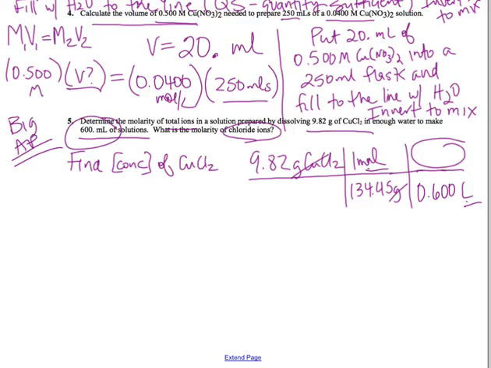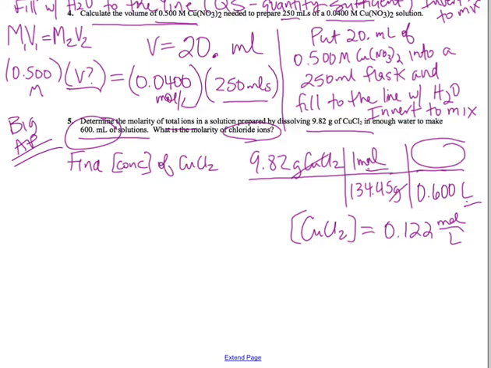So, what would be then our concentration of CuCl2? 0.122 moles per liter. Okay, so now let's look at the question. The question is saying calculate the molarity of total ions.